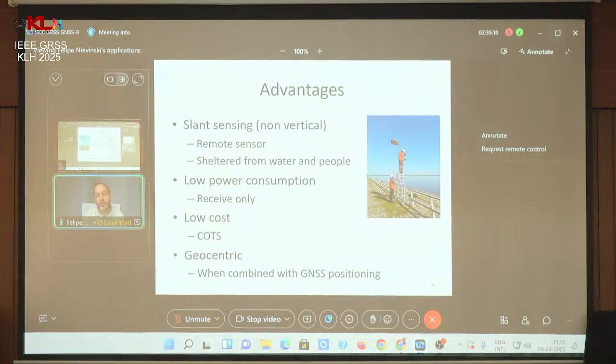That's useful for climate change monitoring because it allows you to separate the possibility of local subsidence from the water level change. That, of course, assumes you are using a receiver that will give you an interface to the GNSS position.